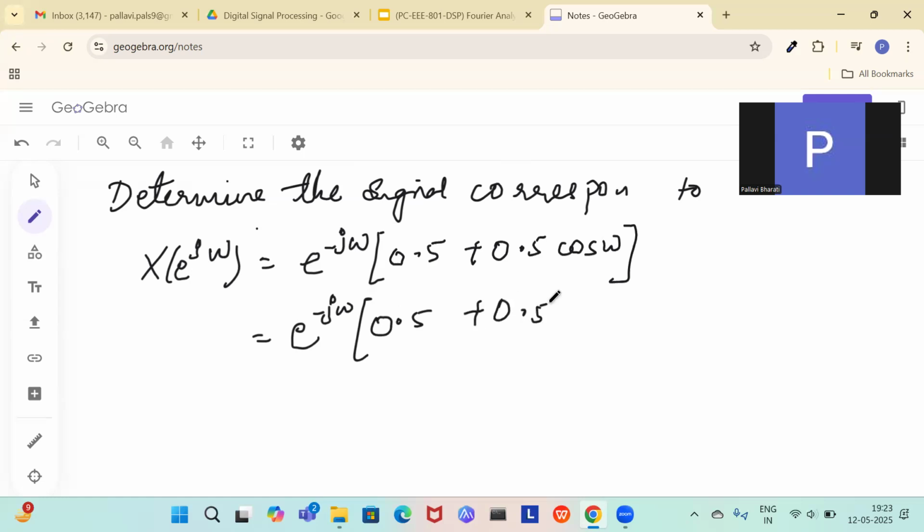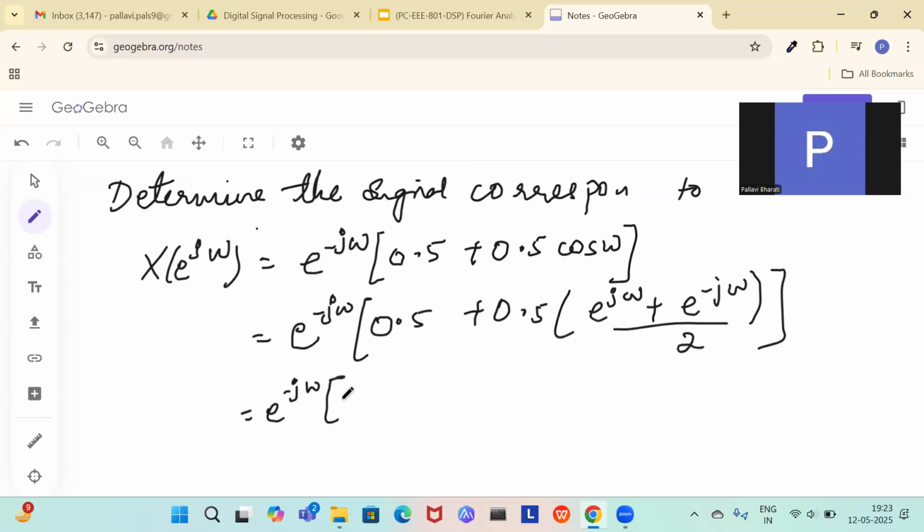So this one will be e to the power minus j omega times 0.5 plus 0.5 times e to the power j omega plus e to the power minus j omega by 2. Now if you simplify it more, it is e to the power minus j omega times 0.5 plus 0.25 e to the power j omega plus 0.25 e to the power minus j omega.